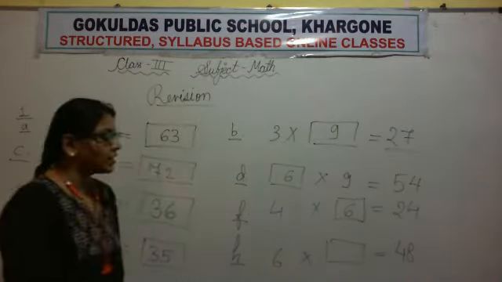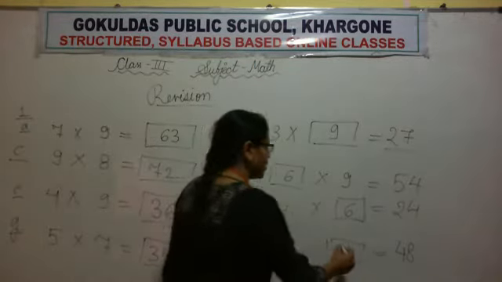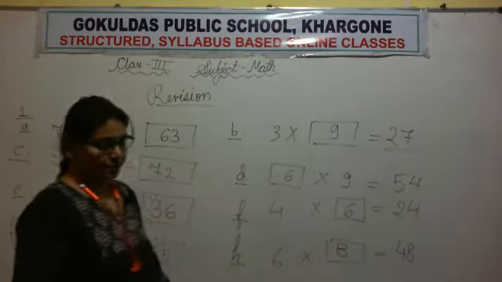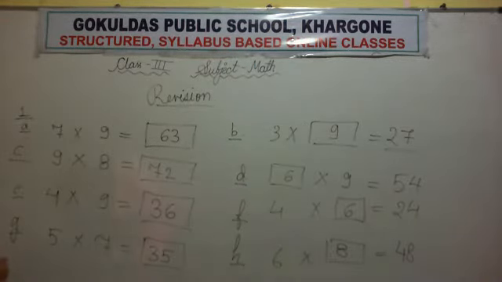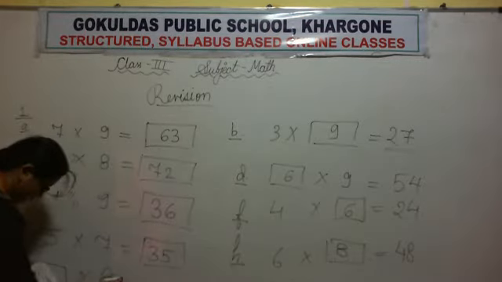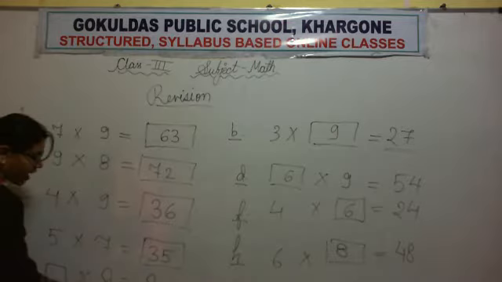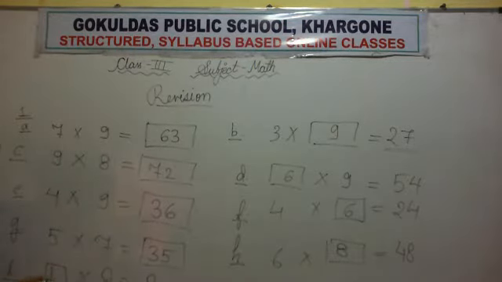So 6 ones are, 6 twos are, like this you need to recite the table of 6. In how many times does 48 come in the table of 6? In 8 times, because 6 eights are 48. So we will write 8. Next question I: blank into 8 is equals to 80. So 10 eights are, or 8 tens are 80. So we will write 10.